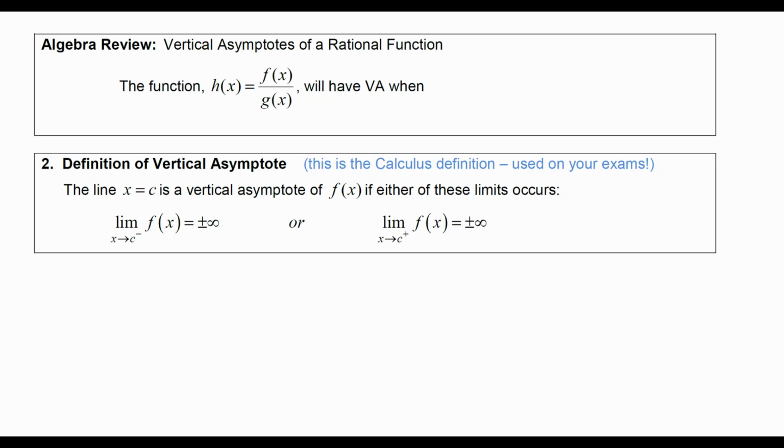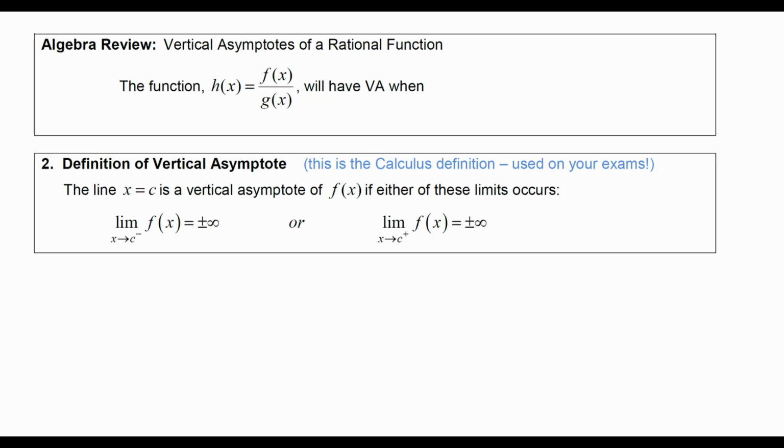The line x equals c is a vertical asymptote of f of x if either of these limits occurs: the limit as x approaches c from the left of f of x equals positive infinity or negative infinity, or the limit as x approaches c from the right of f of x equals positive infinity or negative infinity.